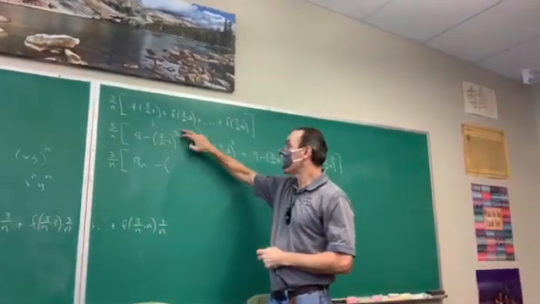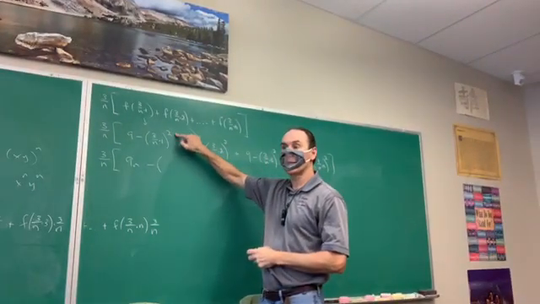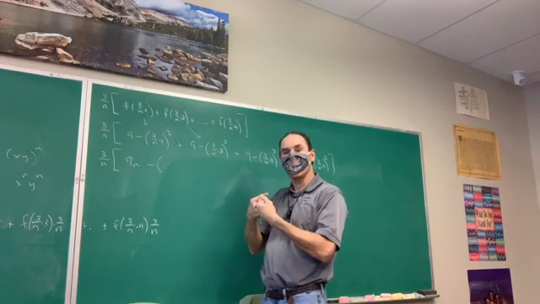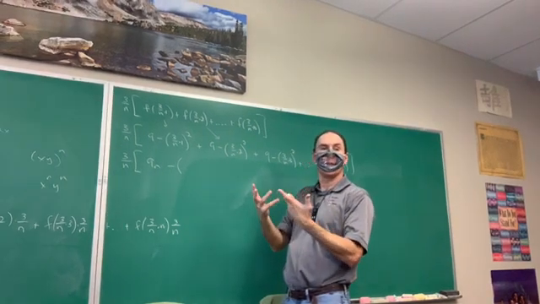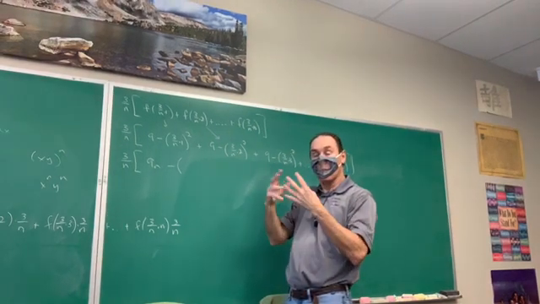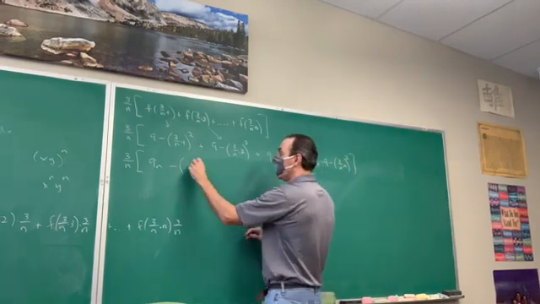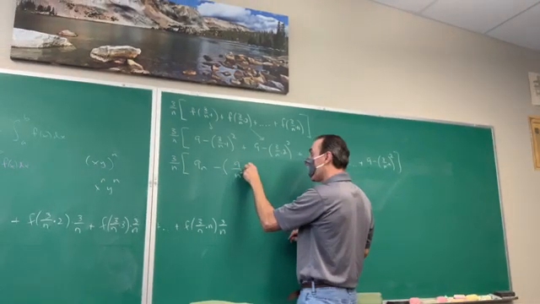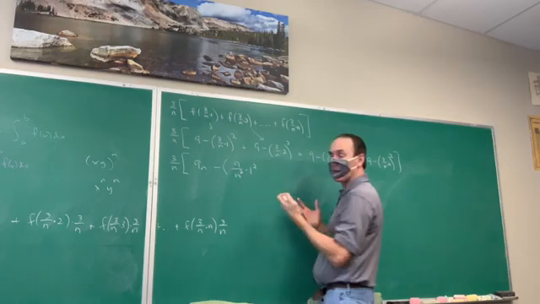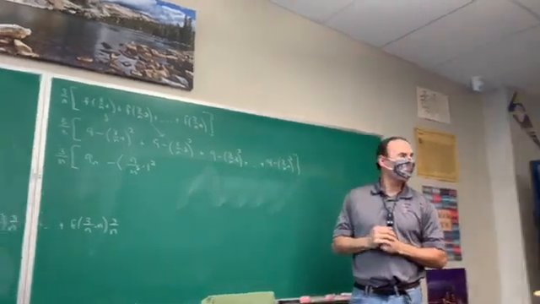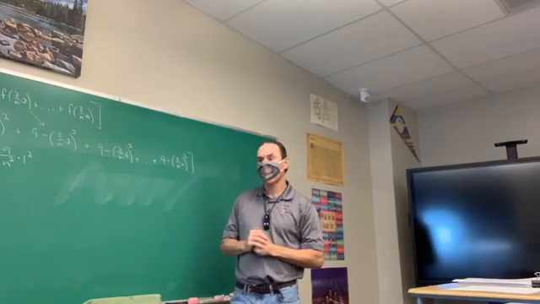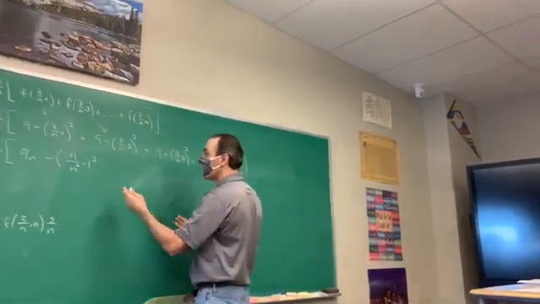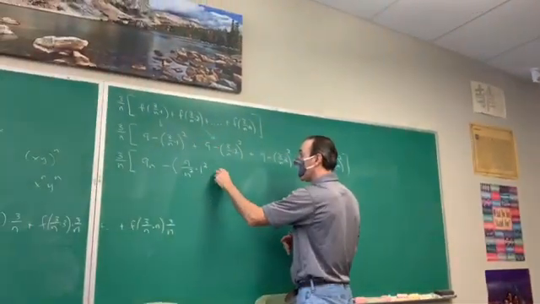So the 3 over n gets squared and the 1 gets squared, and they'll be multiplying each other. So the 3 over n quantity squared is going to be 9 over n squared times 1 squared. Is that okay? Plus, because I factored the negative out, so now it's plus.